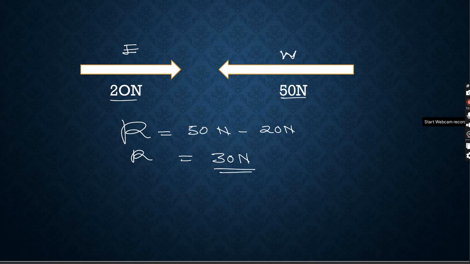This is the resultant vector. For the direction, we follow this one, which is going west, because it is bigger than the 20 Newton vector. So we say that the resultant vector will move west.